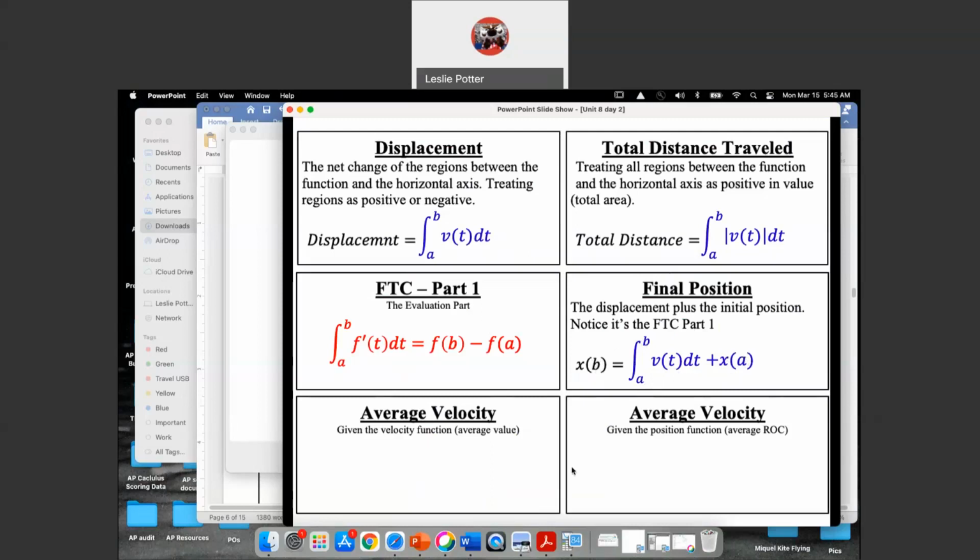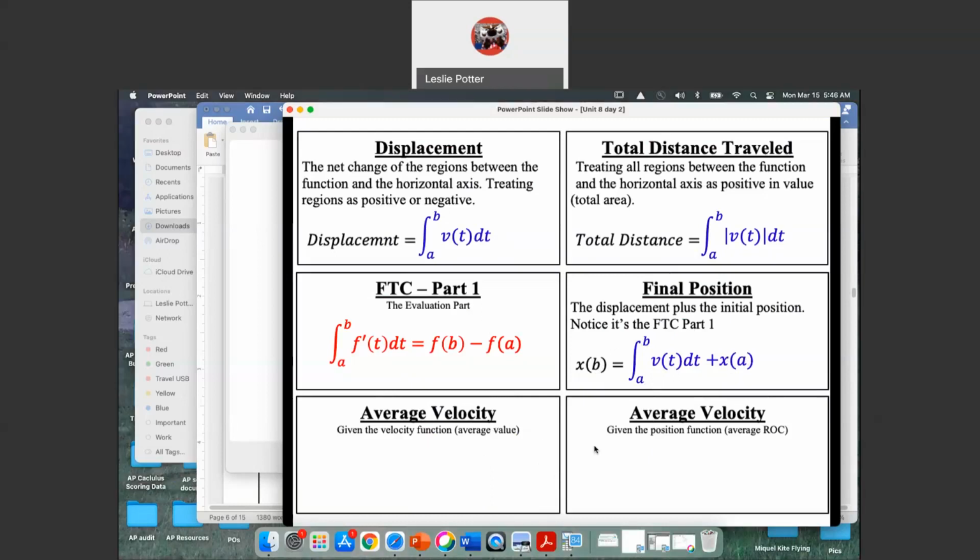And then I want to bring back 2 concepts that we talked about in day 1, average velocity. But we can approach it now in 2 different ways. We can find the average velocity given a velocity function, so we're literally finding the average of something we have. We know that is an average value question that we just learned in day 1.